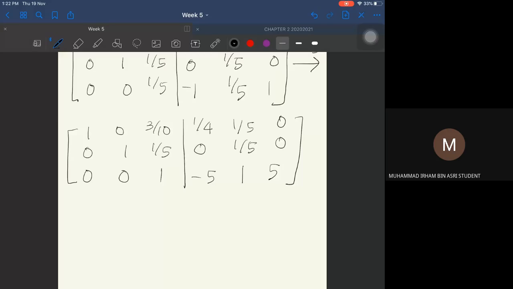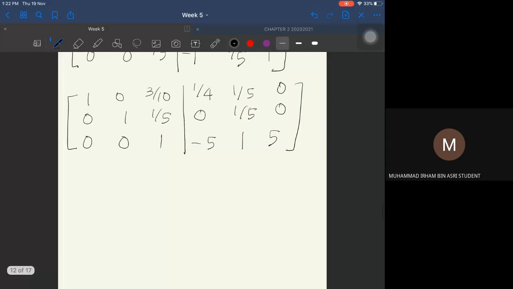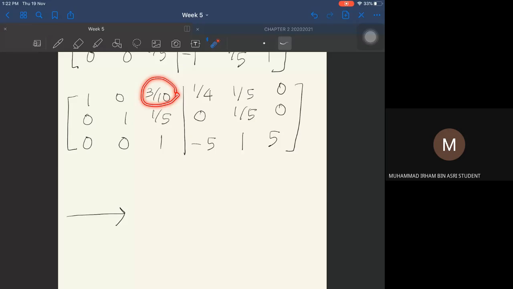So, the last equation. Macam mana nak jadikan ni kosong, yang ni kosong?